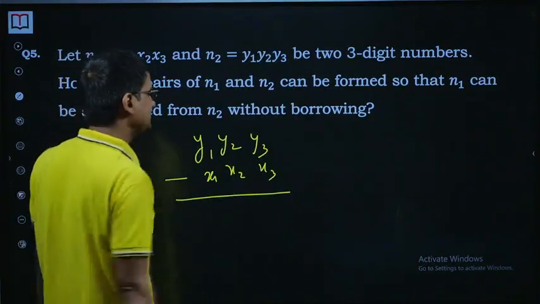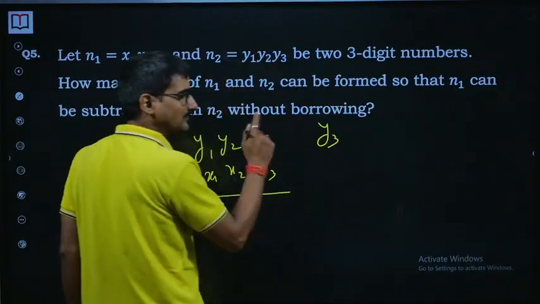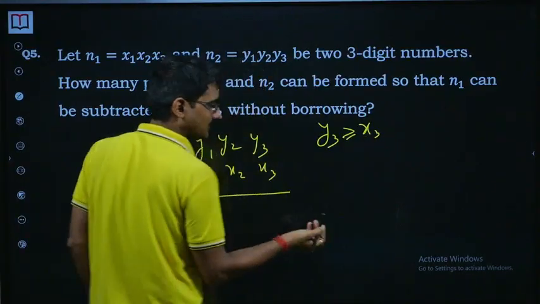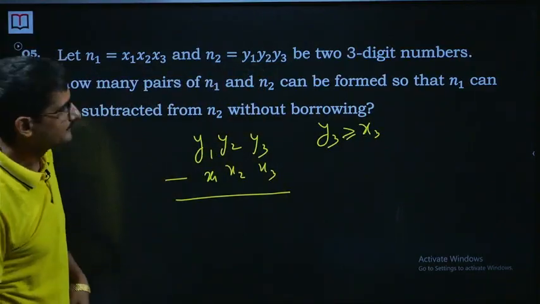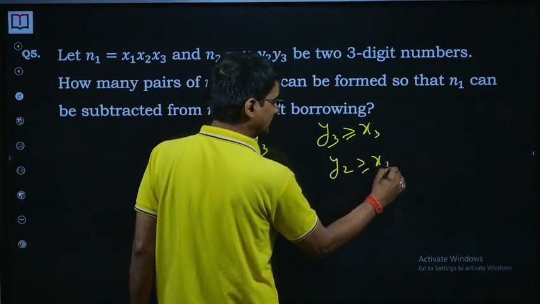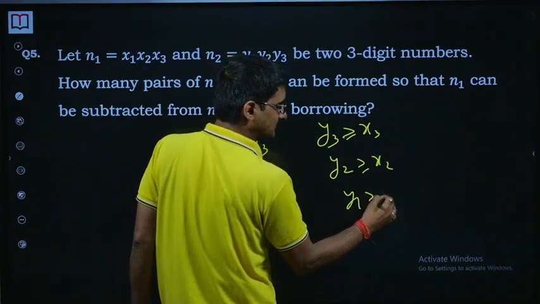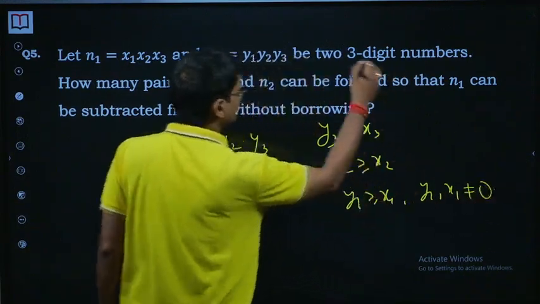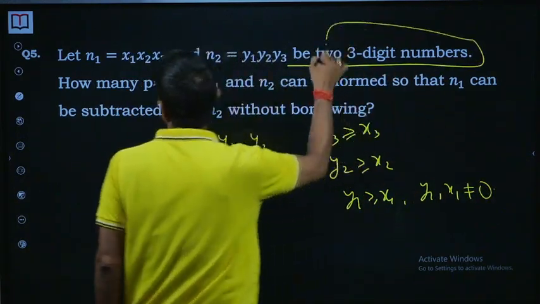Without borrowing means every time the digit which is above has to be greater than or equal to the one below it. Similarly, y2 is greater than or equal to x2, y1 is greater than or equal to x1, but y1 and x1 can't be 0, because both are 3-digit numbers.